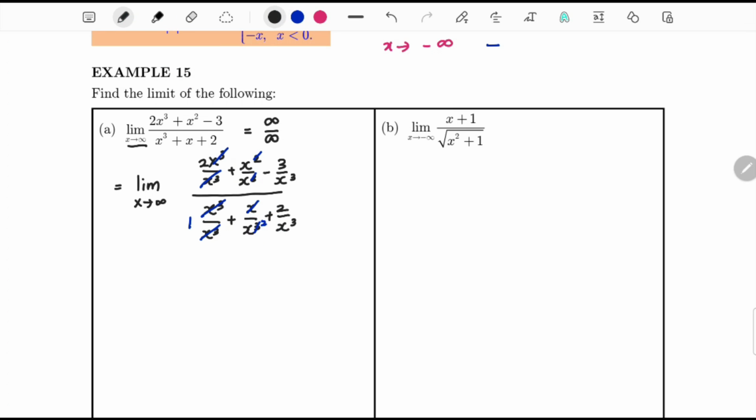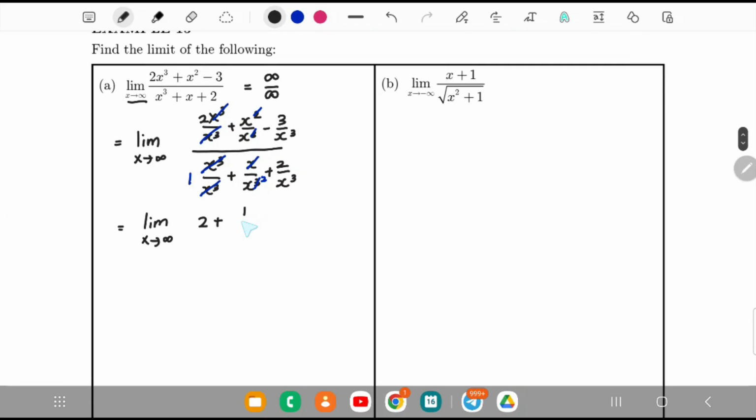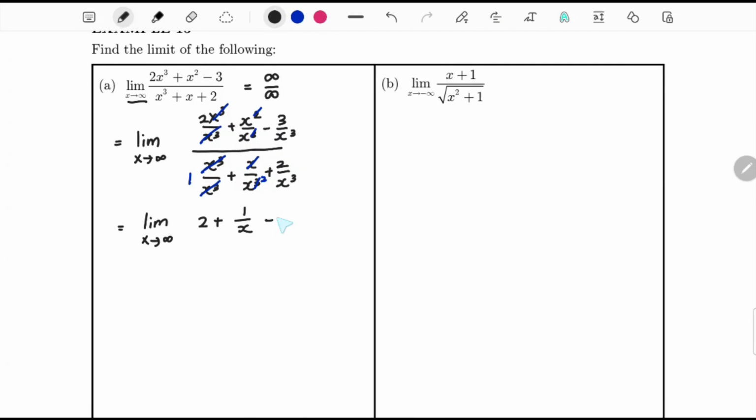And then we're going to write down the simplest form, which is (2 plus 1 over x minus 3 over x cubed) over (1 plus 1 over x squared plus 2 over x cubed).